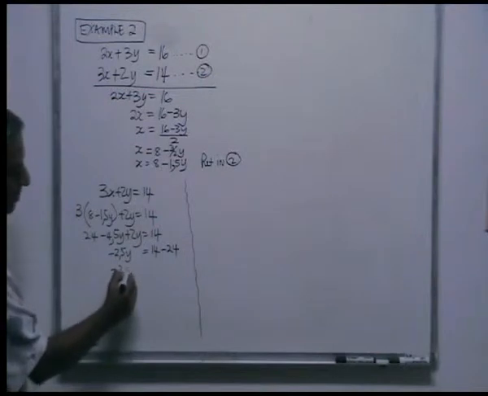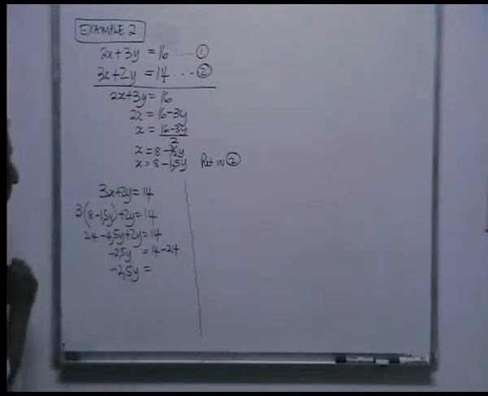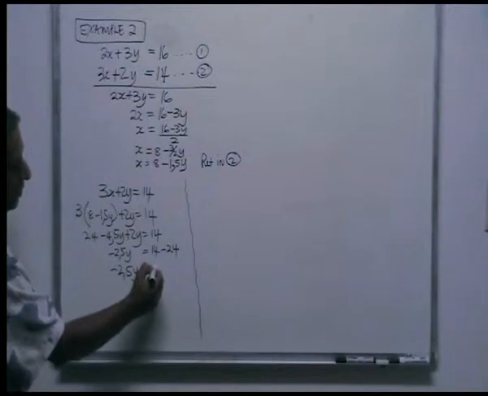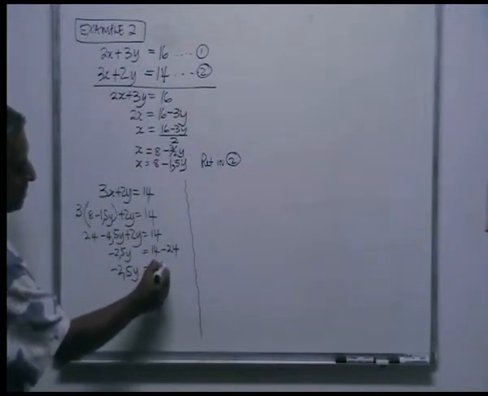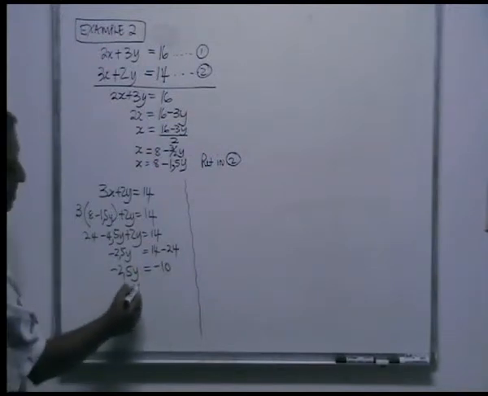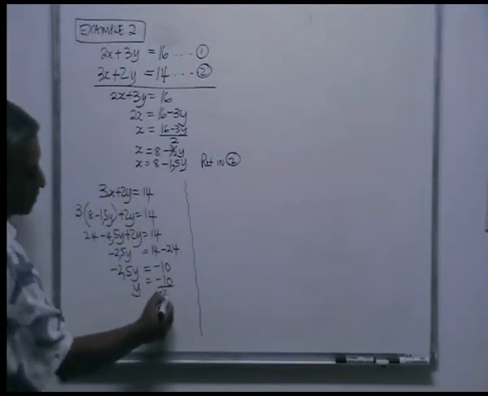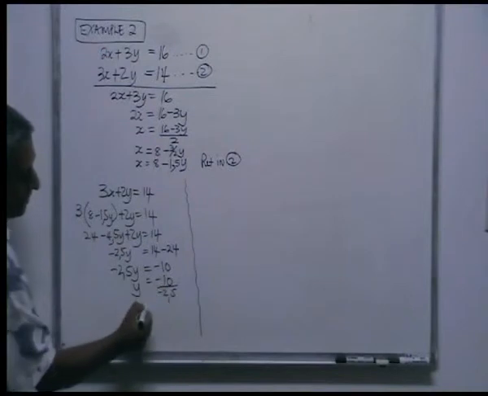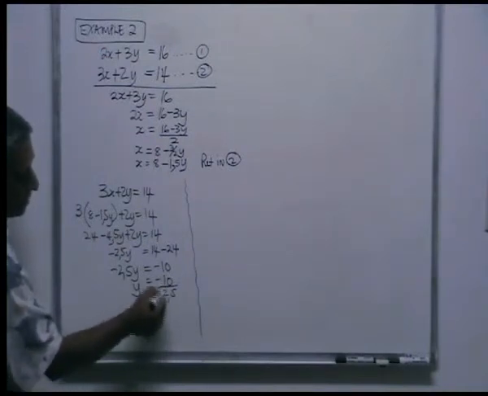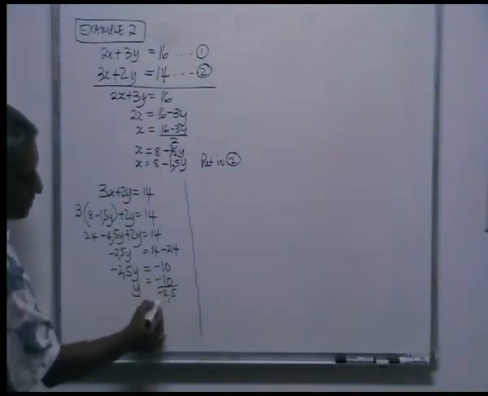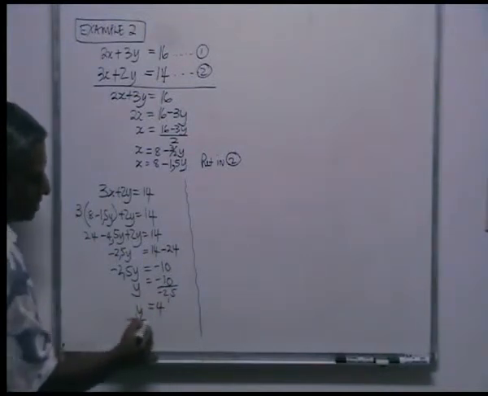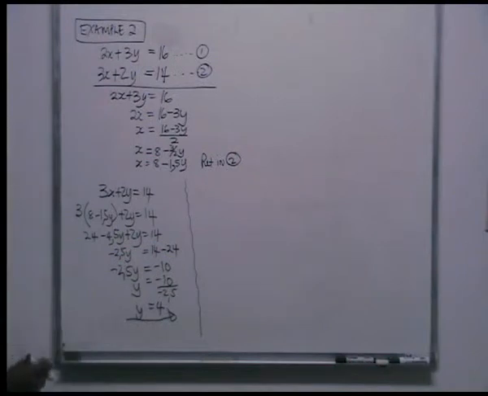So you'll have minus 2 comma 5y is equal to 14 minus 24, which gives you minus 10. So y is equal to minus 10 divided by minus 2 comma 5. Just use your calculator to help you. When you divide a minus by a minus, you get a plus, and 10 divided by 2 comma 5 will give you 4. So you found that y is 4.